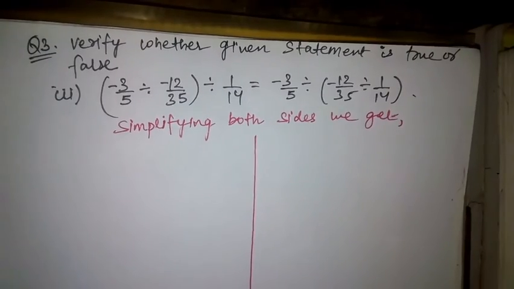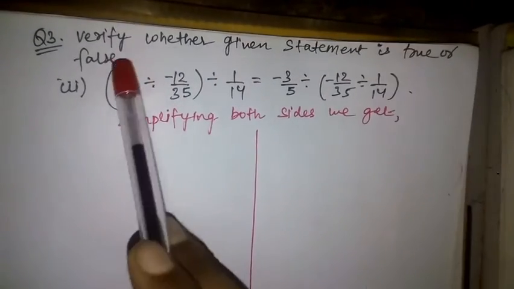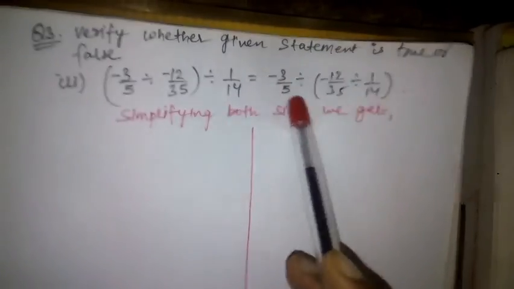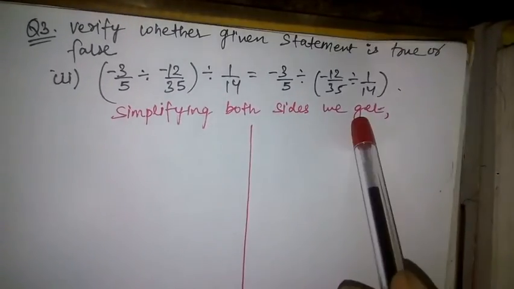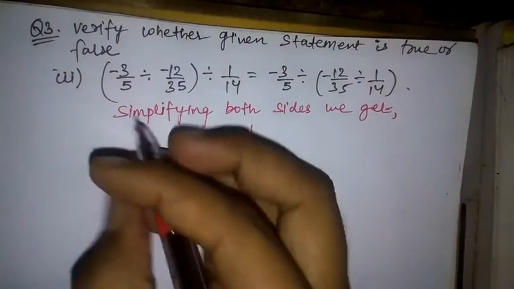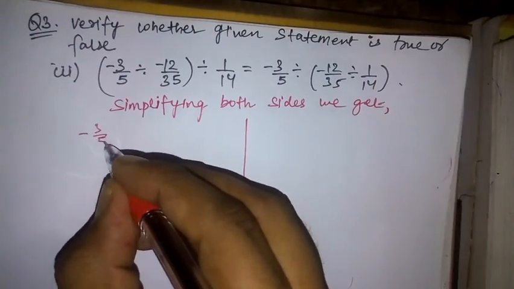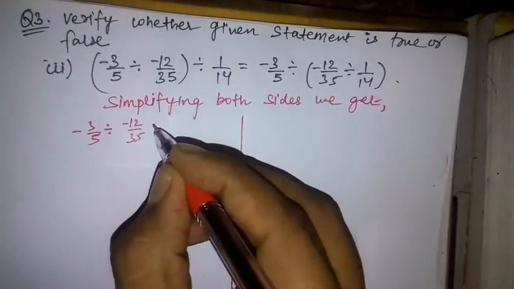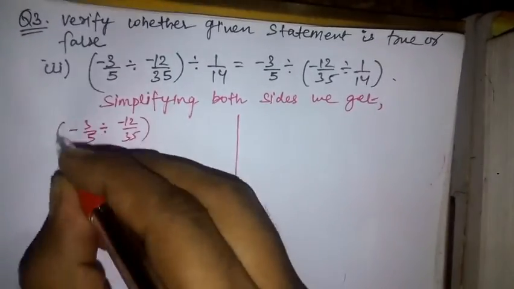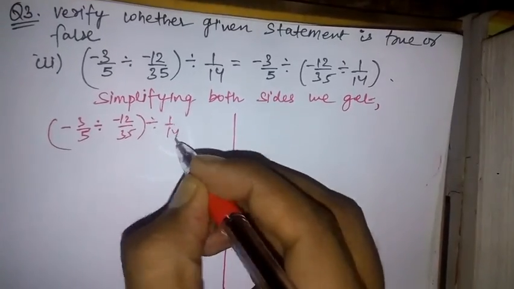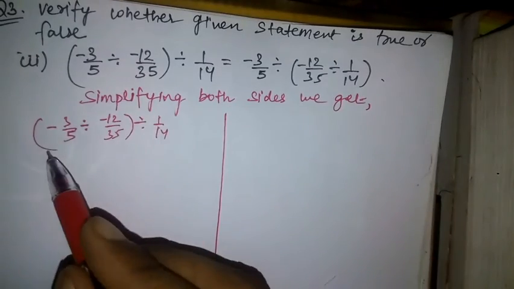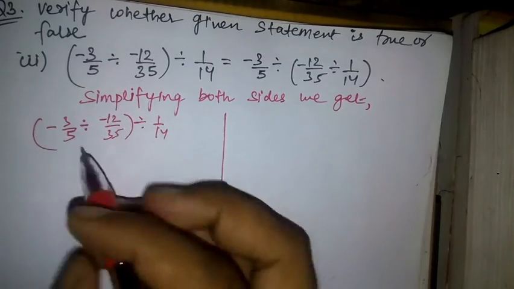This is our question number 3, in which again we have to verify whether the given statement is true or false. So students, this is our LHS side and this is our RHS side. Simplifying both sides, we get, students, keep one thing in the mind, that you have to solve the bracket first.